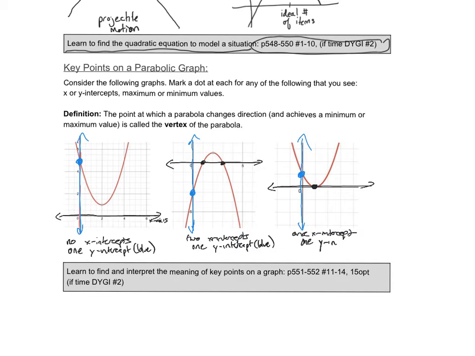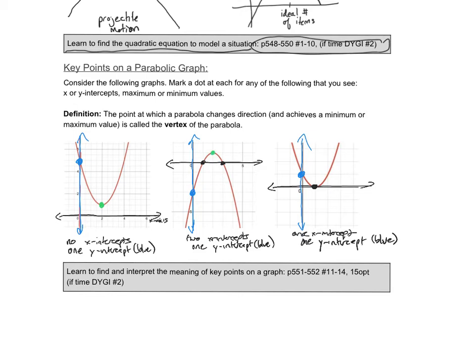And the next topic will be to discuss the vertex. So we need a definition to understand the vertex. The vertex is the point at which the parabola changes direction. So if it was going up, then it starts coming down. If it was going down, then it starts coming up. And these create maximum or minimum values. So the vertex for this first parabola is this dot in green.